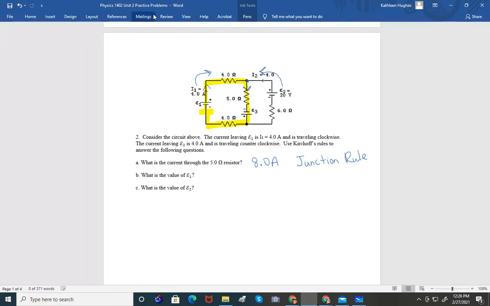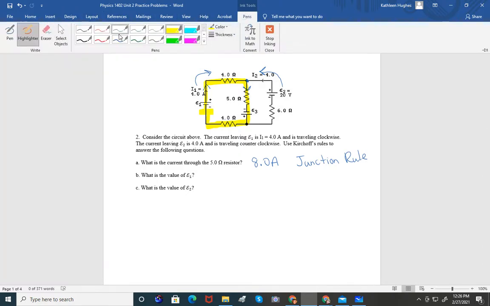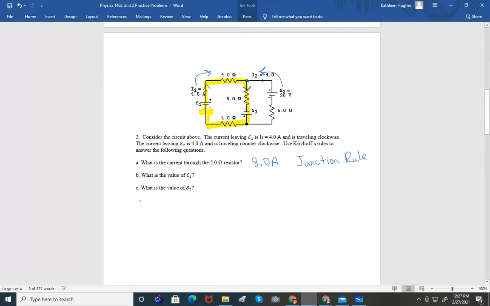All right, let's get a different color. I'm going to start with E1. And then I'm going to have a voltage drop. Voltage drop, remember, is I times R, so 4 amps times 4 ohms.